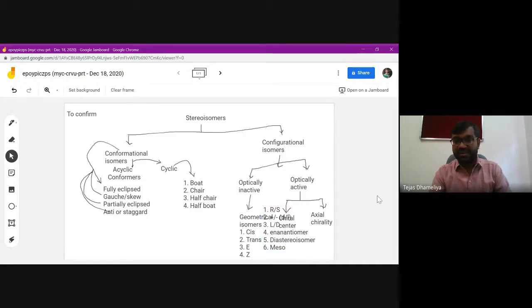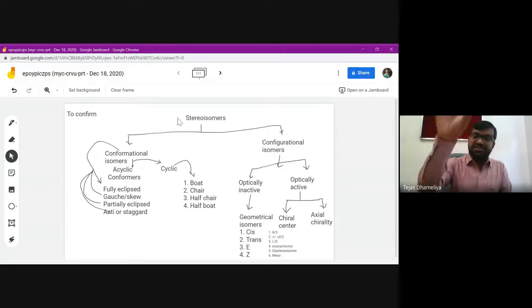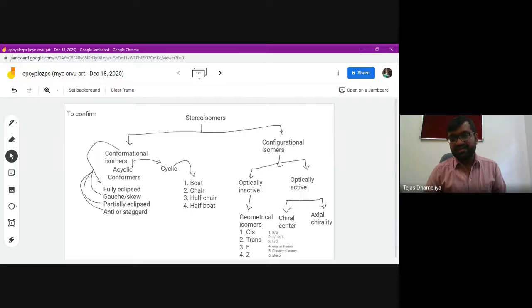I cannot go further down, but these are the kinds of examples: R, S, dextro, levo, capital L, capital D, enantiomer, stereoisomer. So meso compounds have a chiral center, optical activity, configurational stereoisomers. Enantiomers have a chiral center, optically active, configurational stereoisomer.